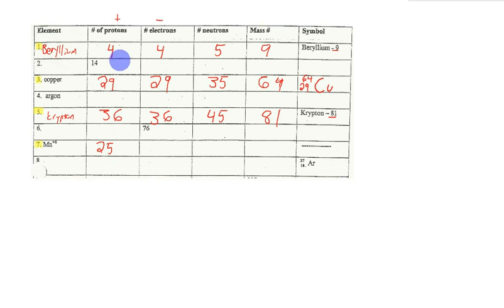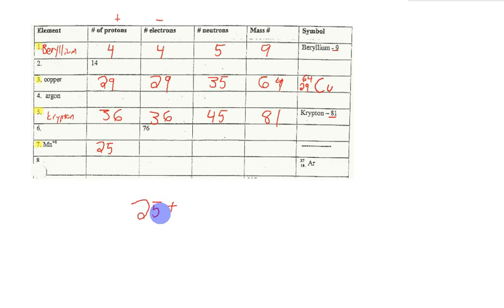If we think of it like this, there are 25 positive charges in this atom. We know that because the protons are positive and there have to be 25 in order to be manganese. But the overall atom has an imbalance in favor of the positive. In other words, there are 6 more pluses than there are minuses.